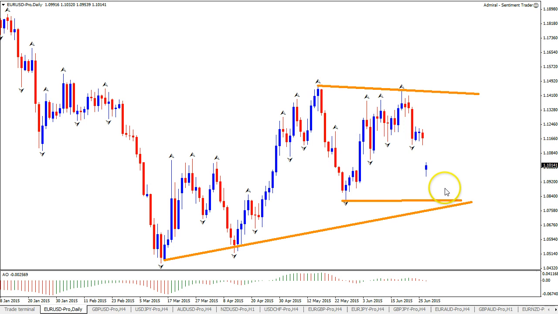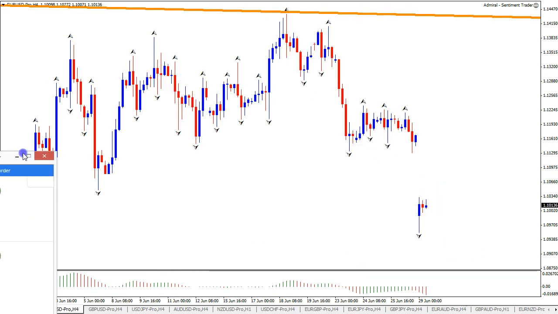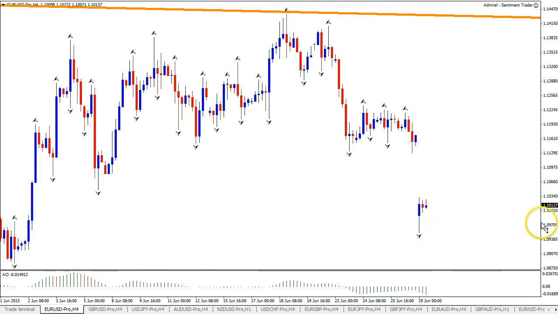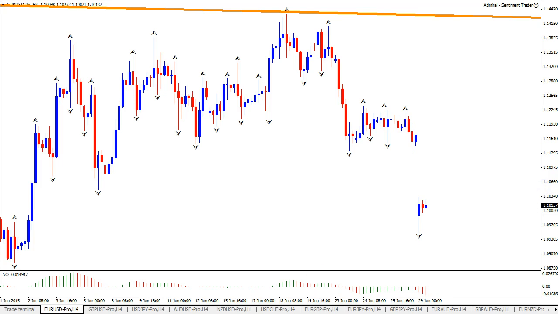But from a technical point of view, it looks like price is going back to support, if anything, but it could have a bit more continuation to go. Now, if we look at the sentiment trader here, for instance, you can see clearly that the shorts are dominating, of course, due to the news events that have occurred over the weekend. But from a technical point of view, once we maybe push a bit lower down to test this bottom, I would not be surprised to see a bounce at that spot.